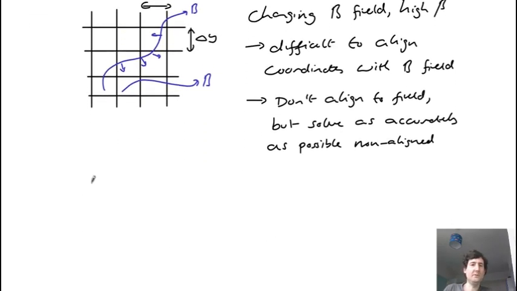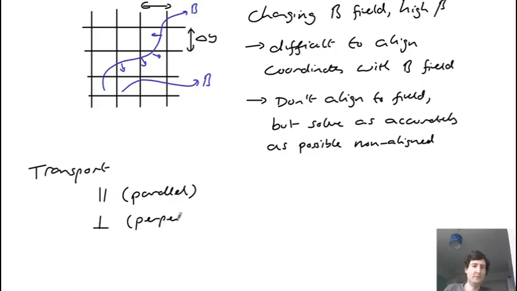But in general, there's a problem with things like transport, particularly transport parallel and perpendicular to the magnetic field. So this is parallel to the B field, and this is perpendicular to B, and the parallel transport is much larger than the perpendicular transport, because essentially particles are free to move along these field lines, whereas they are usually constrained by Larmor orbits to move across the field lines.